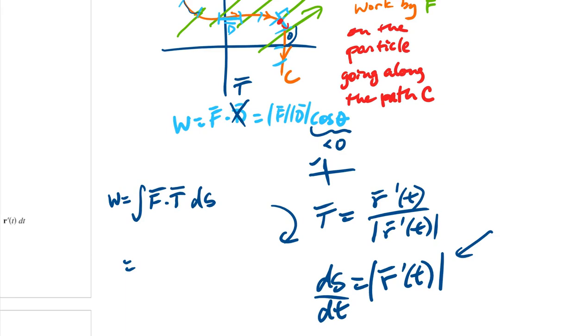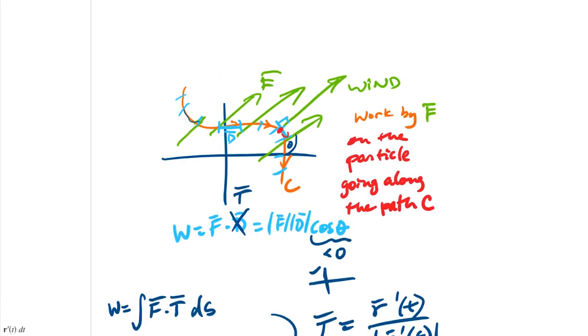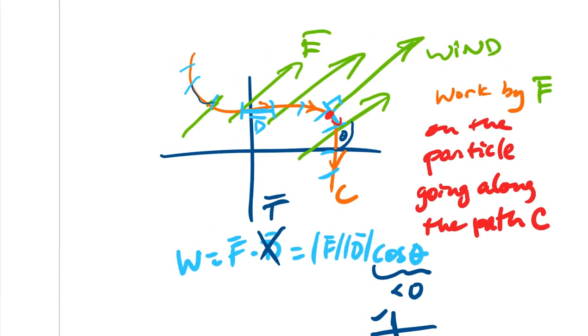Remember, r is the curve itself. So C is given by r, this little curve is r of t, and so r prime of t is a tangent vector to it.